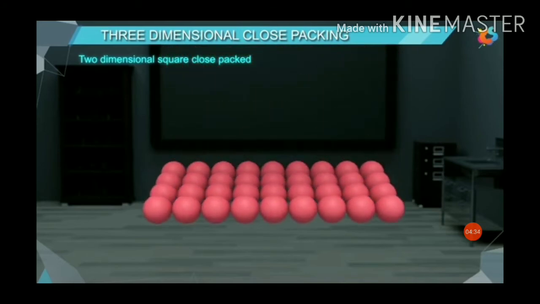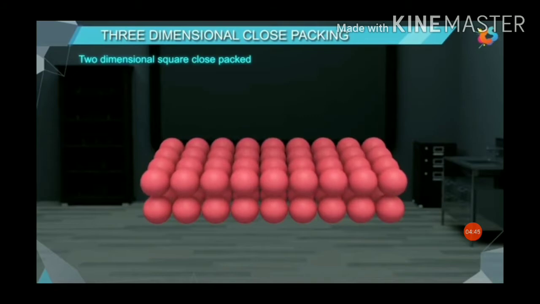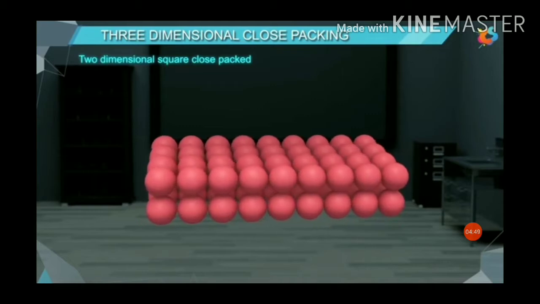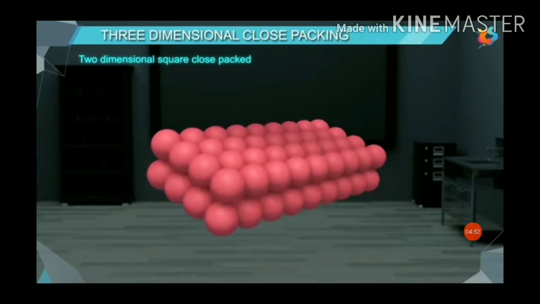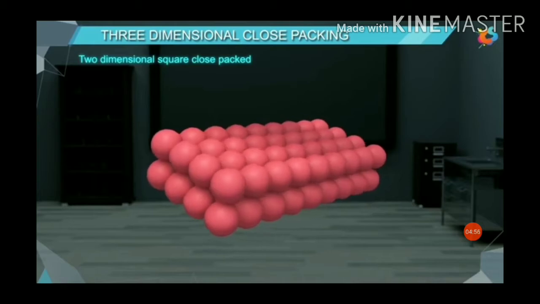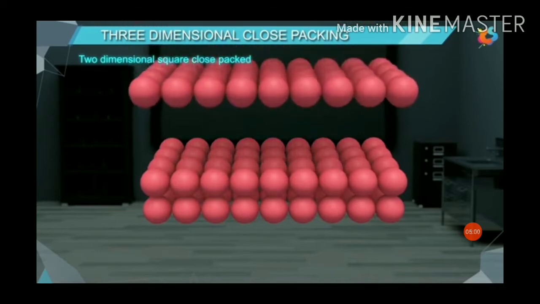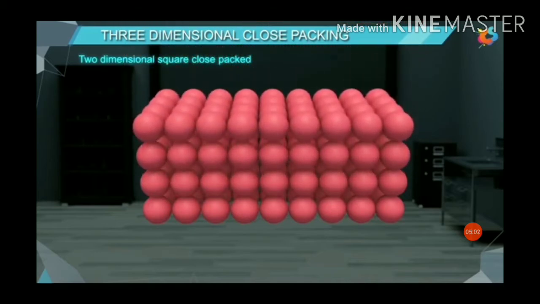Here the first layer is taken as A and the second layer is placed exactly above the first layer and the third layer is placed exactly above the second layer, and so on.